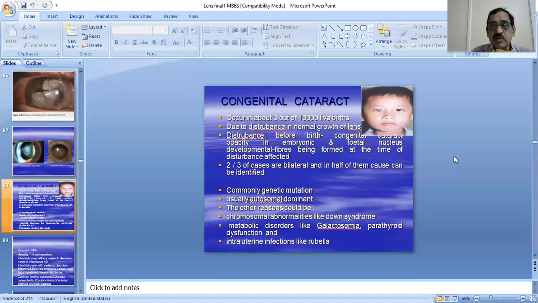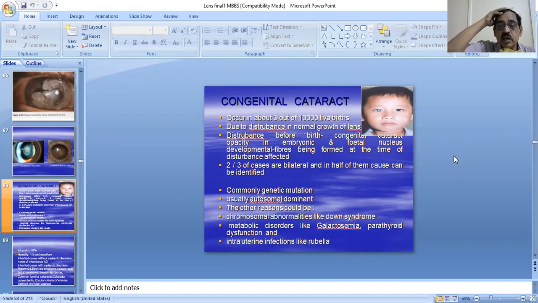Developmental cataract, as I have already mentioned, is from infancy to adolescence, and fibers being formed at the time of disturbance are affected, and the fibers which were formed prior to and after the disturbance remain normal and clear. Usually congenital cataracts are genetically transmitted with genetic mutation, and usually it is autosomal dominant.